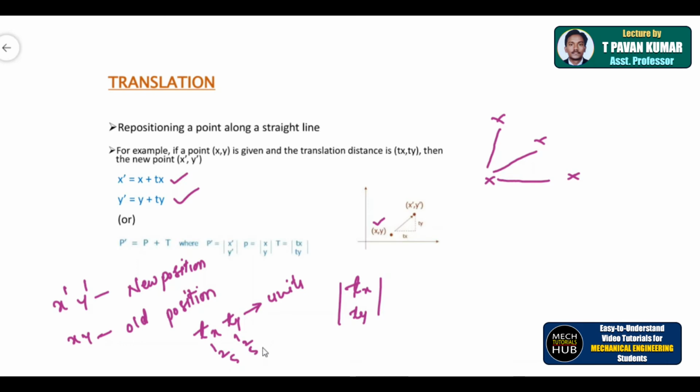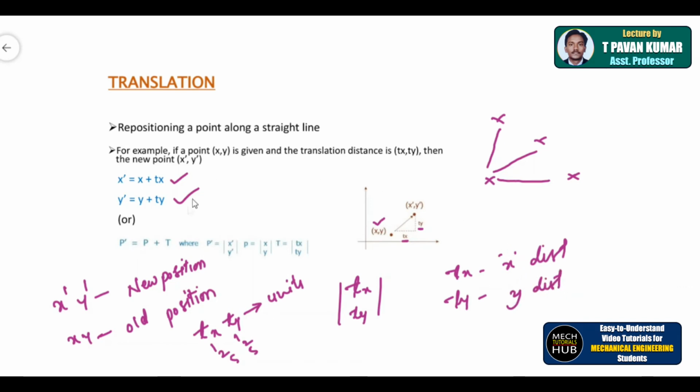Based on whatever values are given to you in the question, accordingly you have to calculate the problem. Okay, the same thing you could see here. This is the tx position, this is the ty position. Okay, tx is nothing but the x distance that it needs to travel, and ty is nothing but the y distance to be traveled. This is what it means.